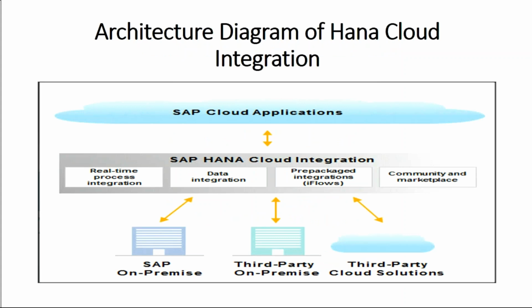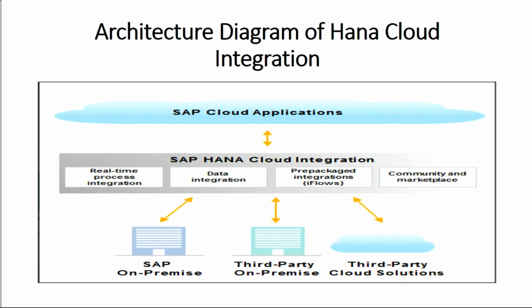Okay. Now this is the actual architectural diagram of HANA Cloud integration. Kind of simple, you might say it's not even an actual architecture diagram, but just to understand. So you have cloud application in the between layer.